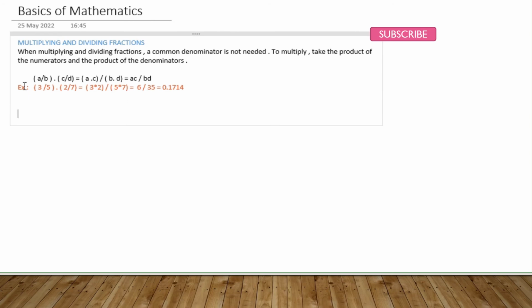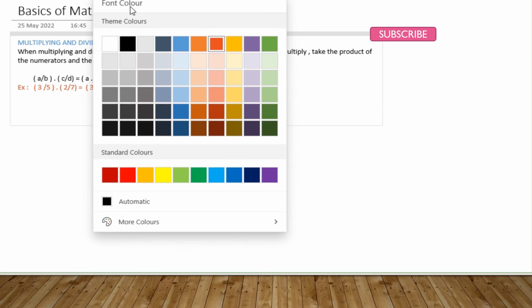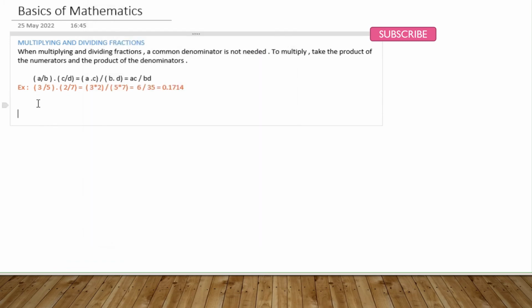Now we can go to the dividing fractions example.